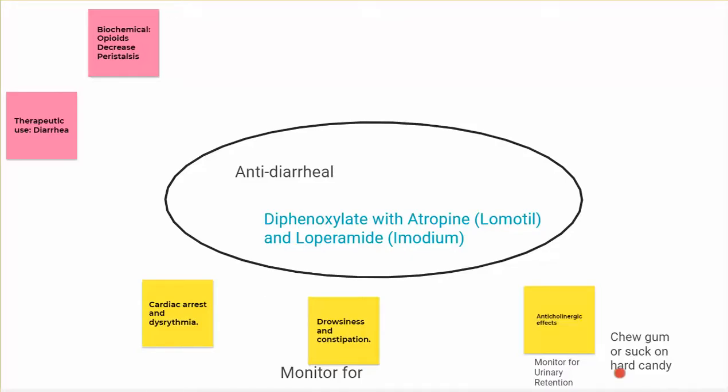So when we're looking at the side effects with the anticholinergic effects, if they have the dry mouth, they can chew on gum or suck on hard candy. If they have urinary retention, we're going to monitor for it and notice it. Urinary retention over a prolonged period of time is going to lead to a risk of a UTI. But you know, this medication is not meant to be long term. Drowsiness and constipation, we're going to monitor for that and keep the patient safe, make sure they're safe when they're ambulating, that kind of thing.